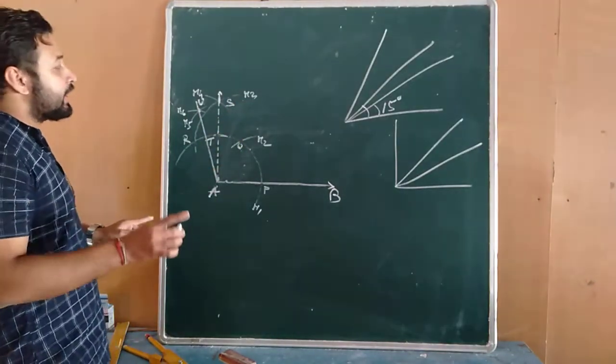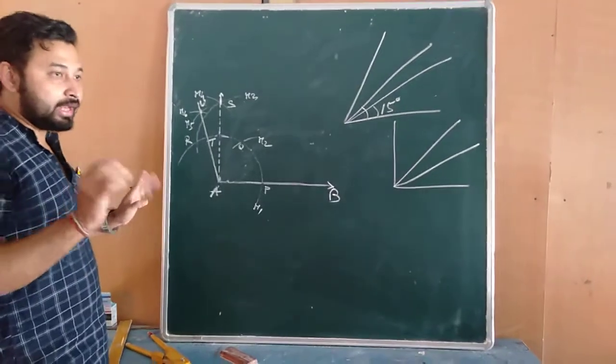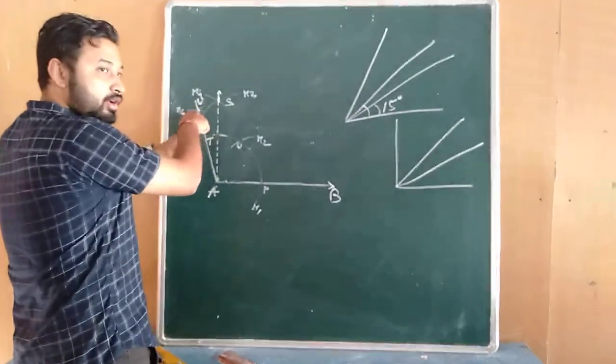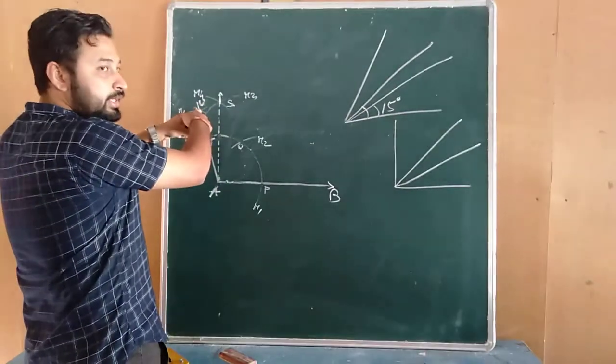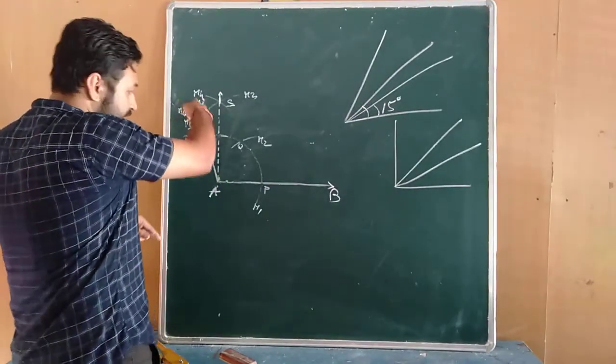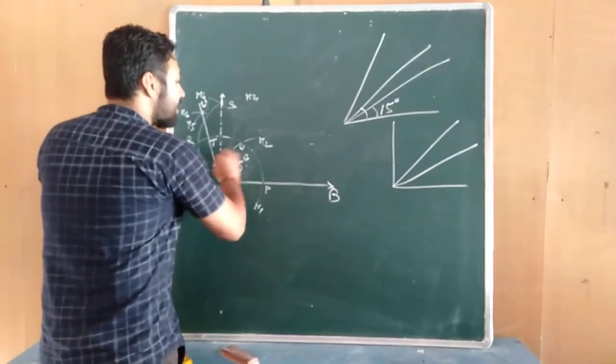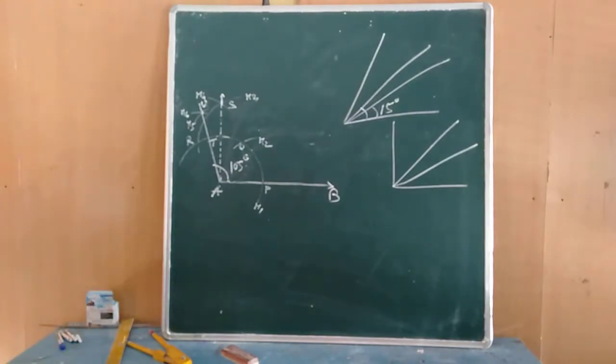If you need a 105-degree angle, take R and T as centers, draw two arcs, both arcs will intersect at a certain point, then join this. Then you will get an angle of 105 degrees. Okay?